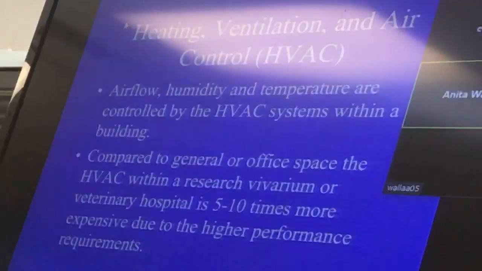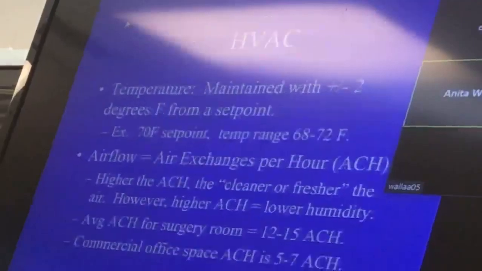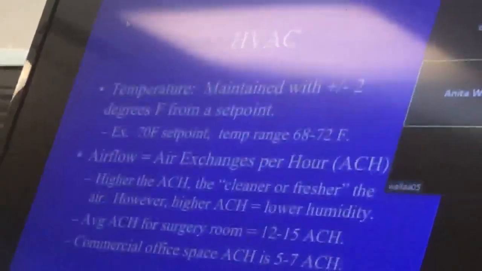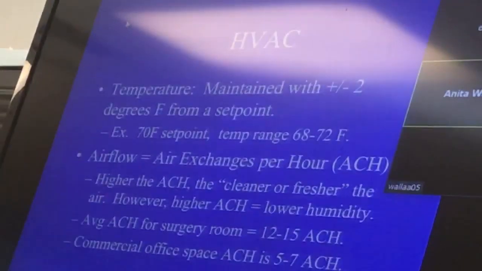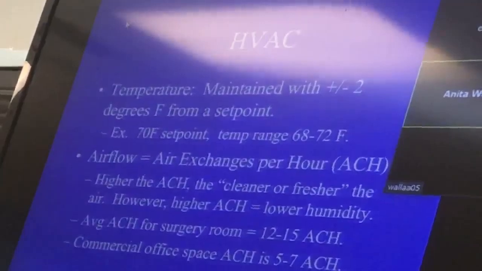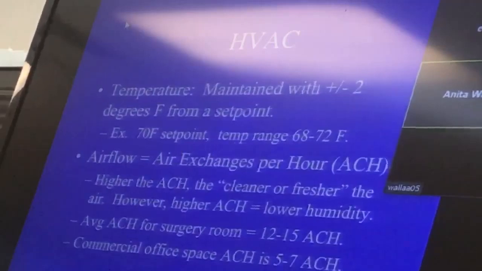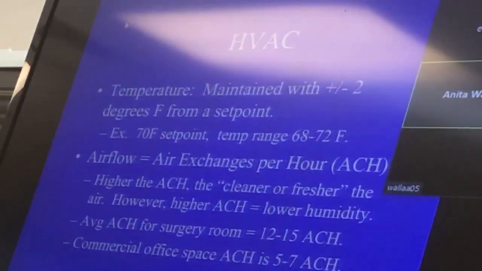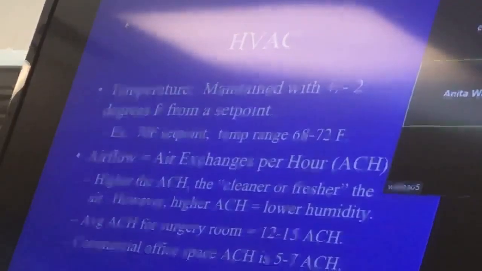And this is why. We are required to maintain our temperature to be plus or minus 2 degrees from a set point. That's an extremely tight range of temperature requirement. So an example is you have a set point, a desired temperature, of 70 degrees Fahrenheit. We are allowed to deviate 2 degrees below, 2 degrees above, so the temperature range for that room is 68 to 72 degrees.